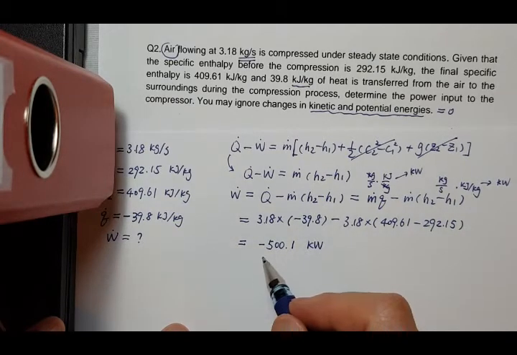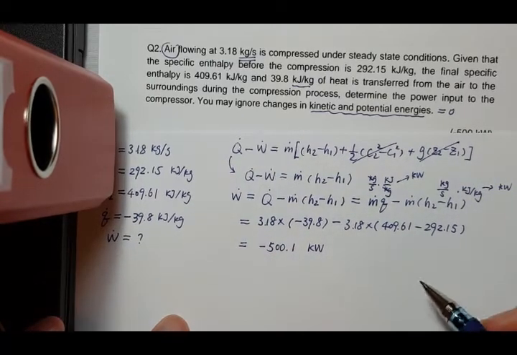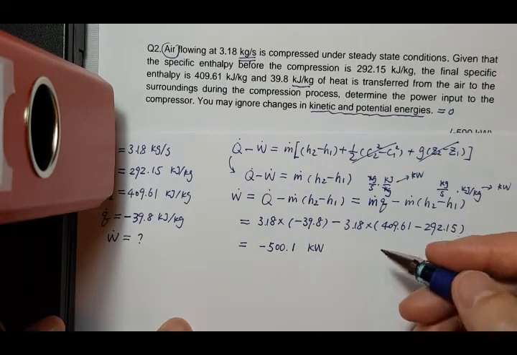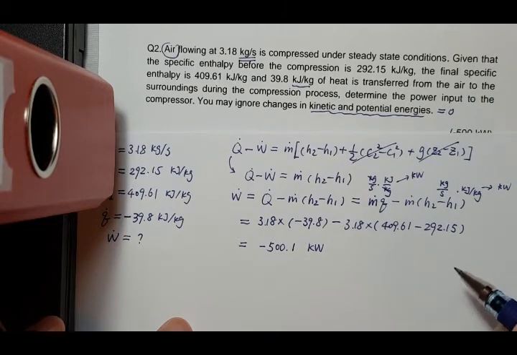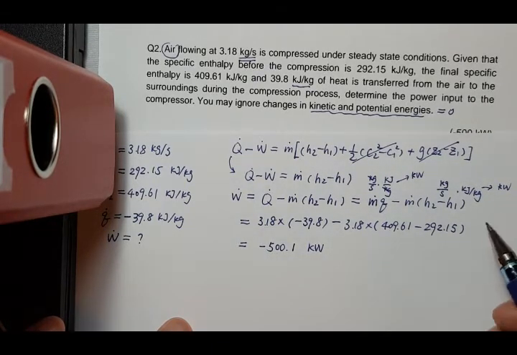Okay, so we get a negative sign. A negative sign for the work just means that it's the opposite way of how an engine is working. An engine is outputting work, so it's doing work to the surroundings. If we get a negative, it means that's the opposite way, so the work is done to the system.